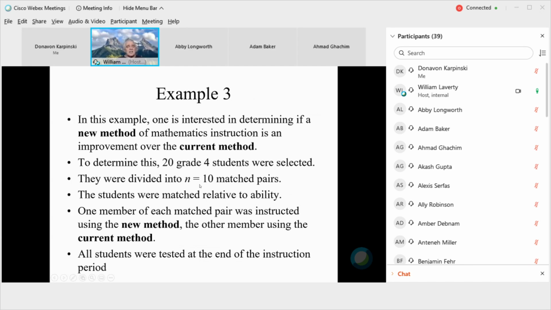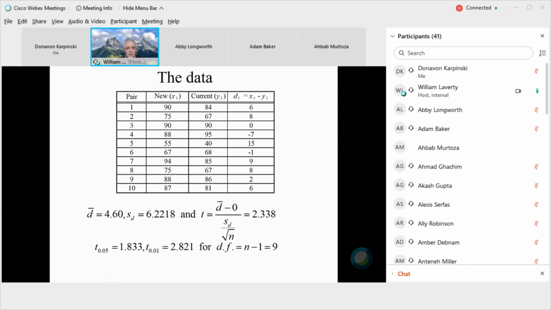They were divided into 10 matched pairs, so the subjects would be matched probably according to their math ability. One member of the matched pair gets the new method, the other gets the current method. Then they're tested at the end of the instruction period. So there are their scores.